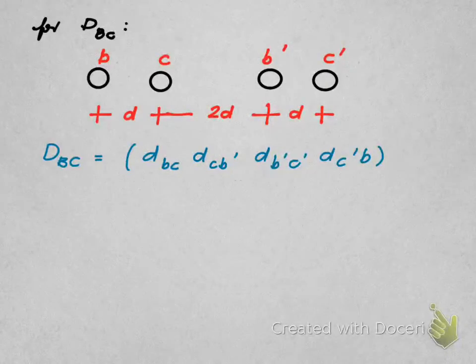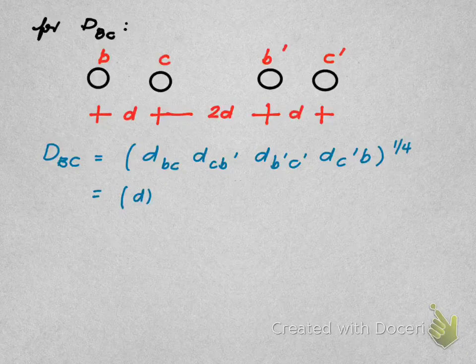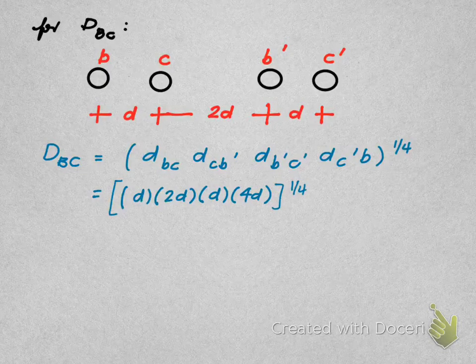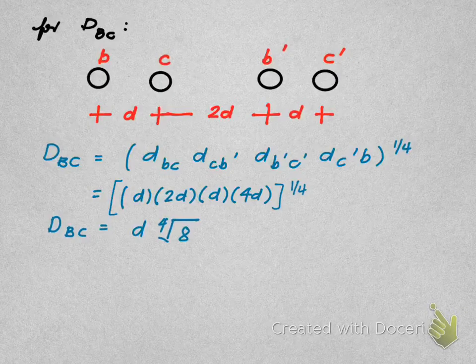Okay, so raised to 1/4. Okay, for DBC the distance is D, and then 2D, D, and 4D. Okay, and simplified, D and the 4th root of 8 comprise the DBC.